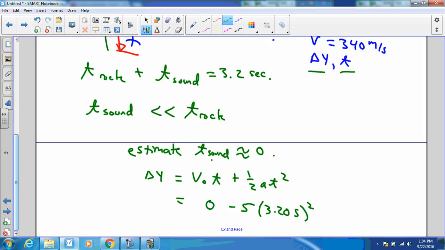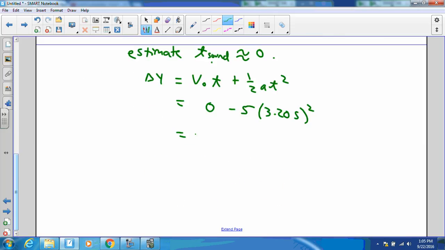And based on that assumption, I can now do a relatively simple calculation and find that delta y is equal to negative 51.2 meters. So this is my first approximation based on the simplifying assumption that the sound took no time at all.